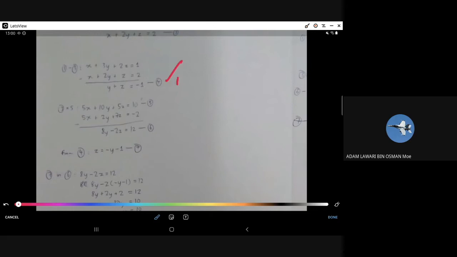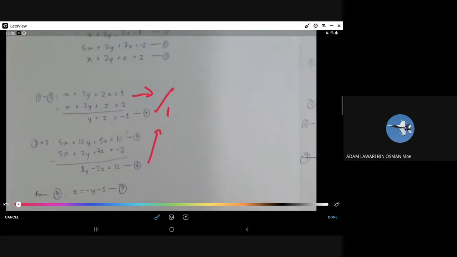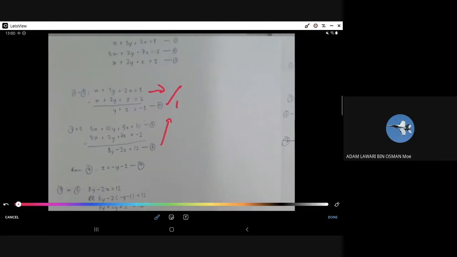And then the third equation I multiply with 5 to get 5x plus 10y plus 5z equal to 10, and minus it with the second equation, forming 8y minus 2z equal to 12, the sixth equation. And then from the fourth one, I transform it to form the seventh equation, which is z equal -y minus 1.